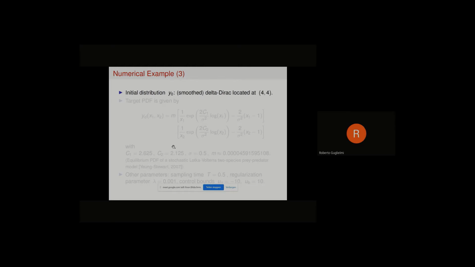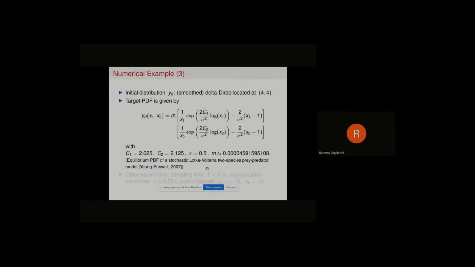As initial distribution, we take, let's say, a Gaussian, so it's a smooth delta Dirac located at 0.44. And then the target will not be moving, will not be a dynamical target this time, will be a fixed probability density function that is given. As a target, we take an equilibrium of a stochastic Volterra model.